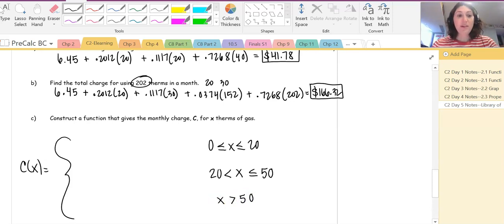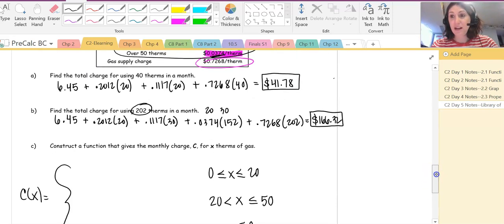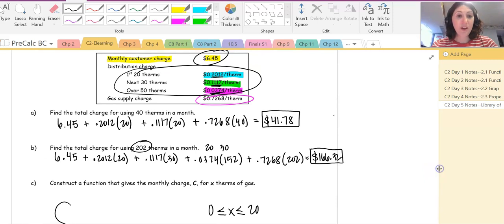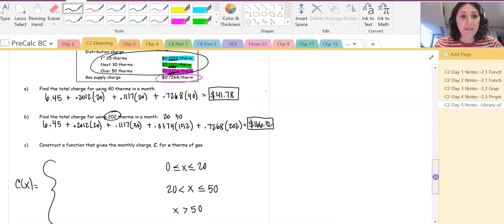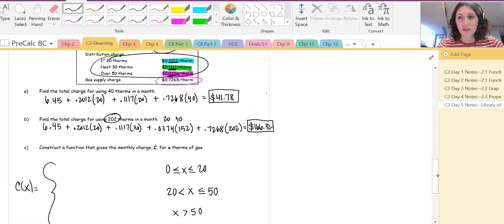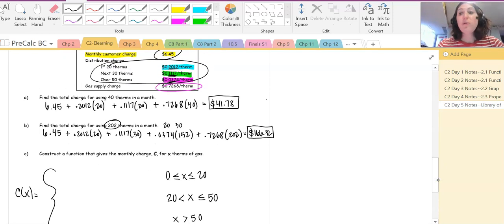Okay, so now, when we write this function, I'm not going to make you simplify it. In fact, I prefer you do not because it will make my life easier. So we are just literally writing out how much each one would pay for, and I'm zooming out so I can actually see what I'm dealing with. So if you get between 0 and 20 therms, what do you have to pay? Well, you have to pay the 645, right?